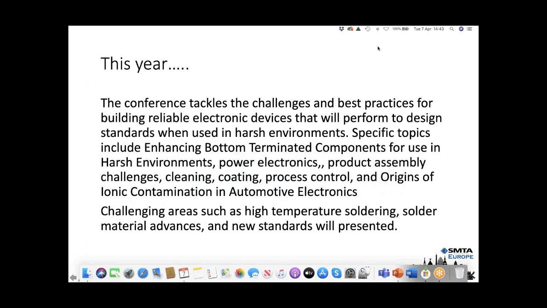Even now we're seeing some consumer stuff where the boards are being subject to some quite nasty environments inside dishwashers and washing machines. So, harsh environments are really just about everywhere.